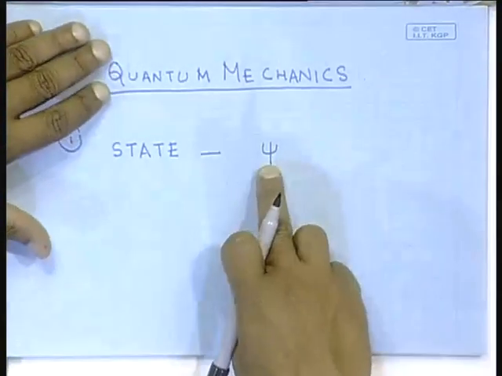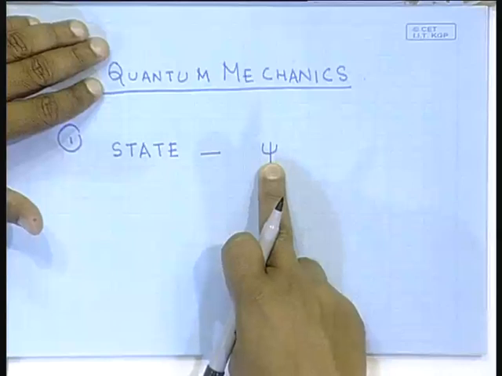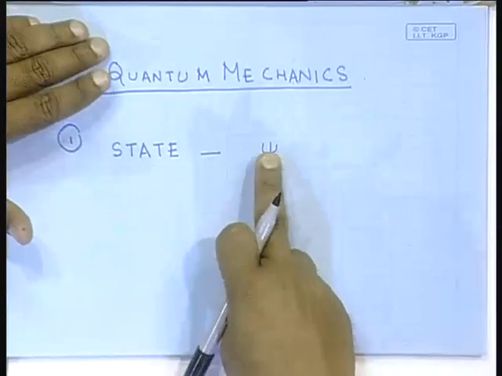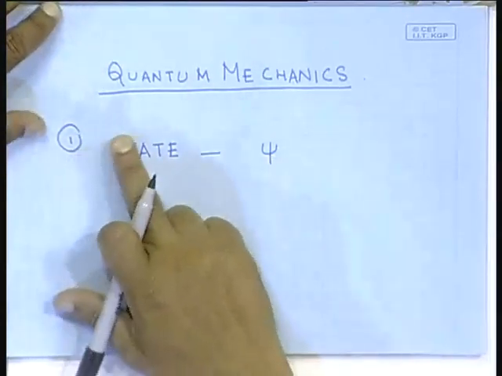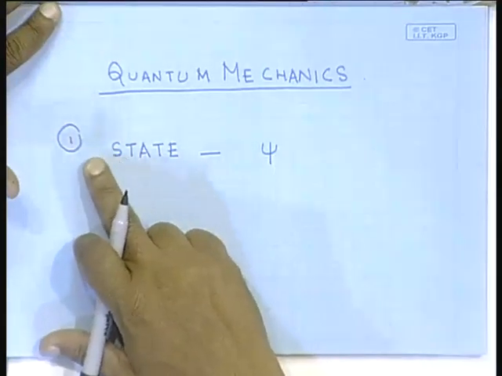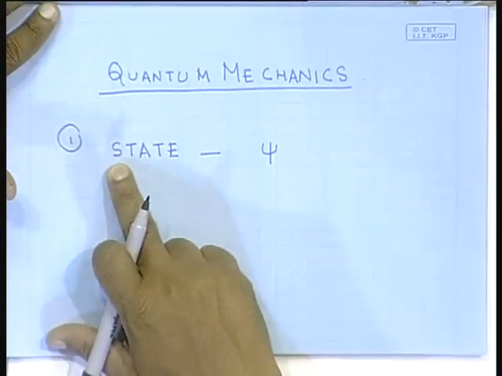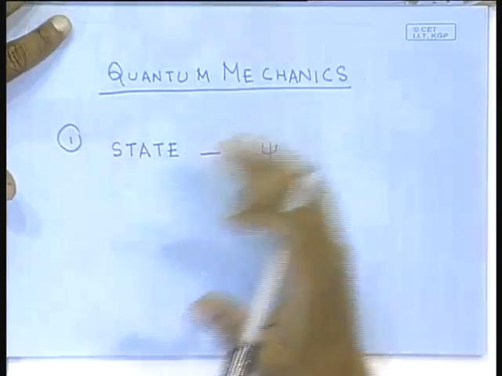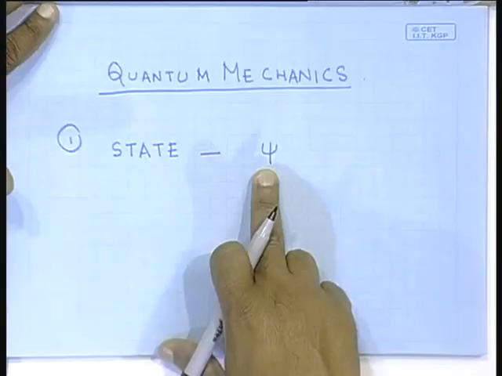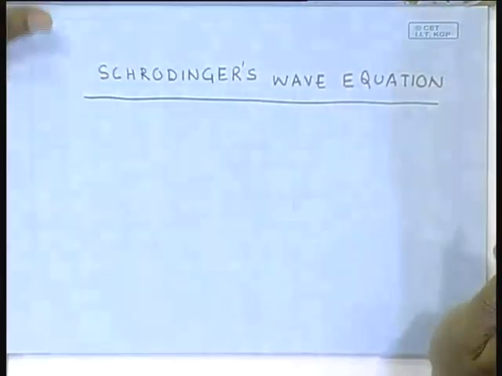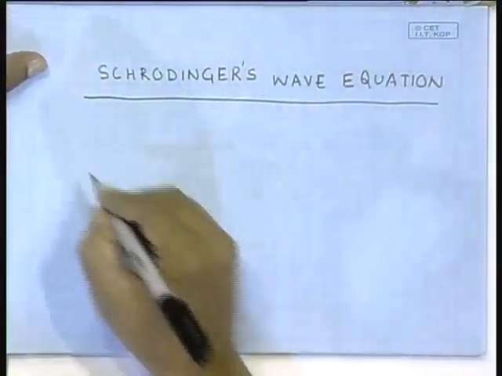The Schrodinger wave equation is the wave equation governing the evolution of this psi. So, let me remind you once more, the first postulate is that corresponding to every state of your system, say you are dealing with an electron, corresponding to every possible state of the electron, there is a different wave function psi, and the evolution of these wave functions is governed by the Schrodinger wave equation. And let me write down the Schrodinger wave equation.